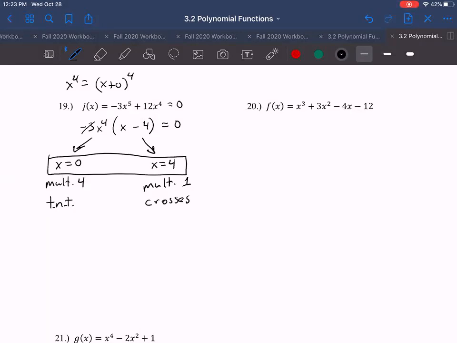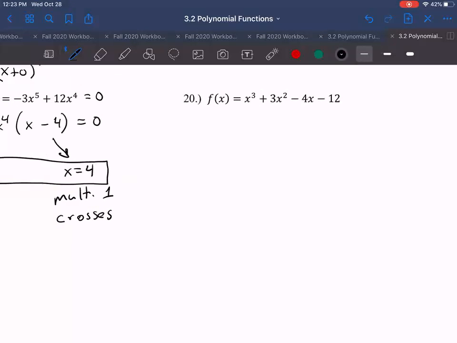Now this next one can be a little tricky too. Where do we go about factoring that thing? The trick is to look at the first two terms here, and I see that I can factor out an x squared out of the first two terms, and then from the second two terms, I can factor out a -4. If I do that, what I get is x squared times x plus 3, and then a -4 times x plus 3, equals 0.